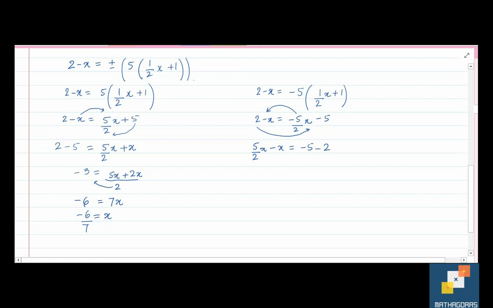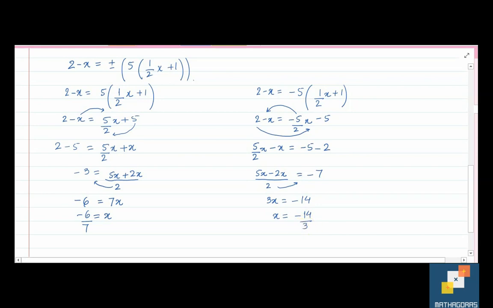Now you need to take the LCM. So LCM is 2, it's 5x minus 2x is equals to minus 7. 5x minus 2x, 3x is equals to, when 2 multiplies with the 7, it will be negative 14, and you can say that x is equals to minus 14 divided by 3.